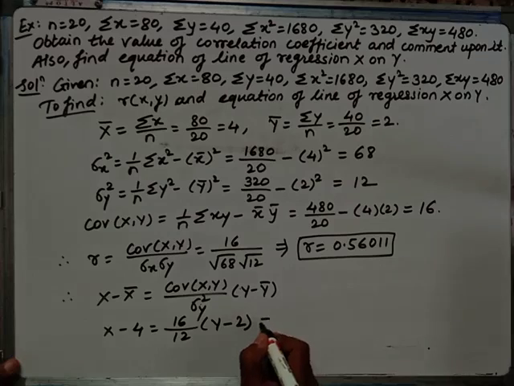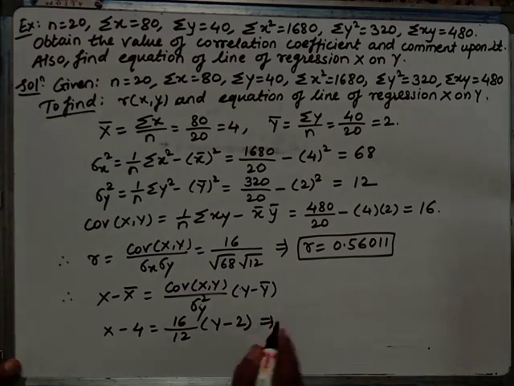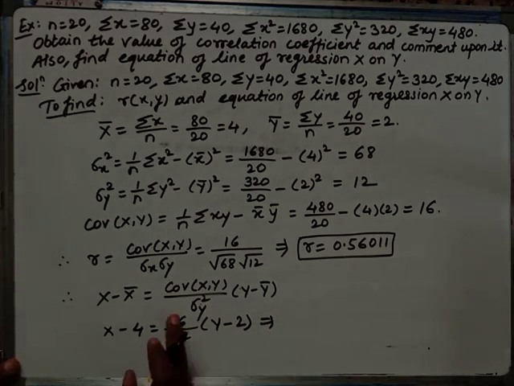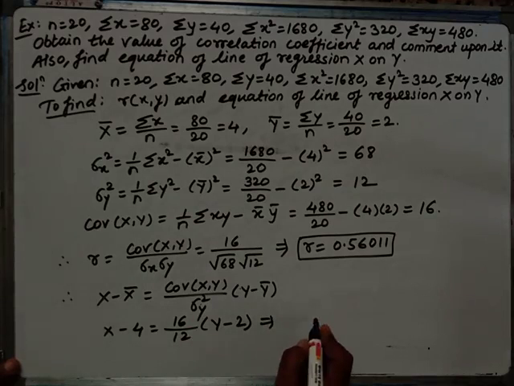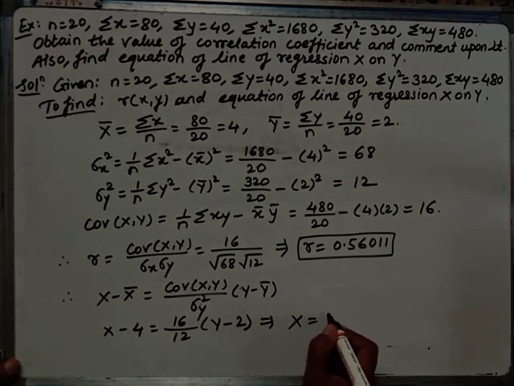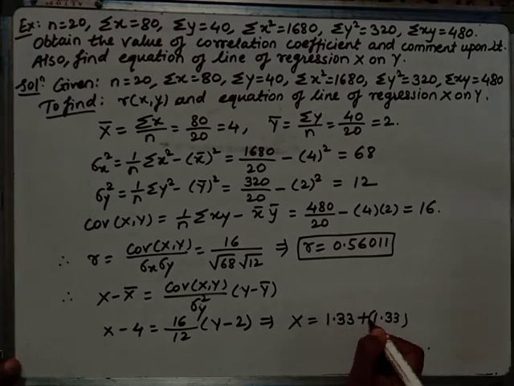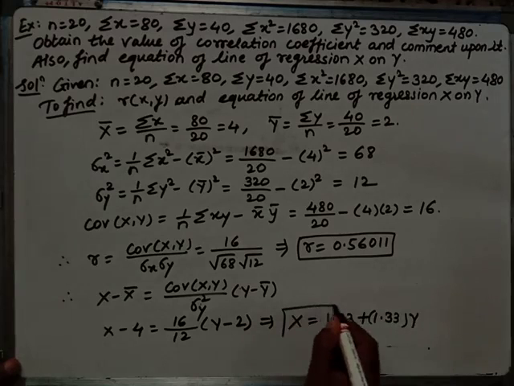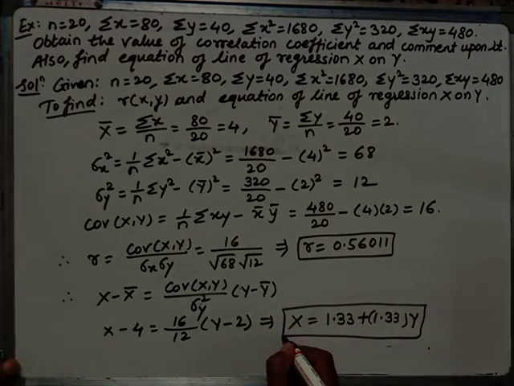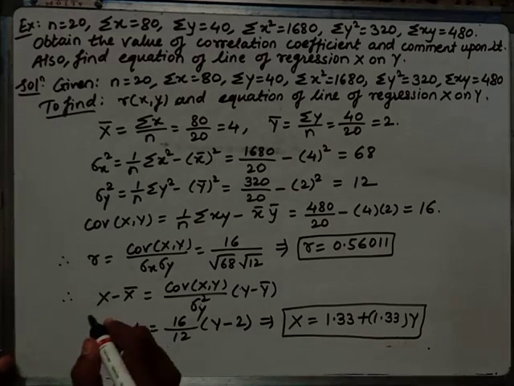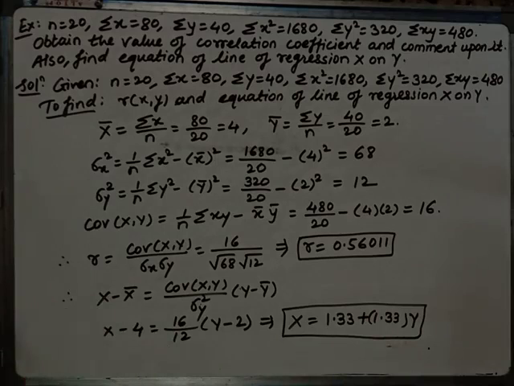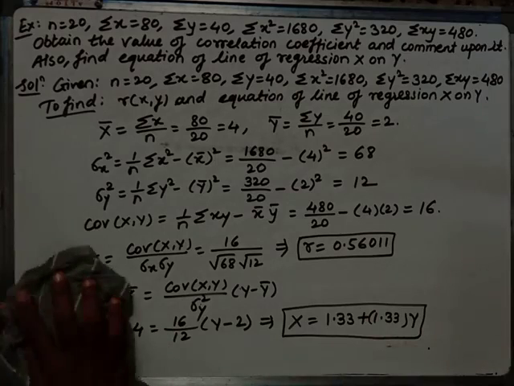Simplifying it, take this 4 on this side, do this simplification. The whole simplification will give us x is equal to 1.33 plus 1.33 times y. This is the line of regression x on y.